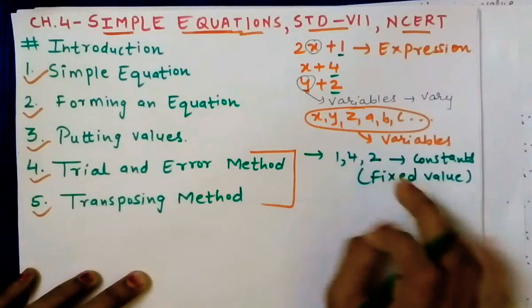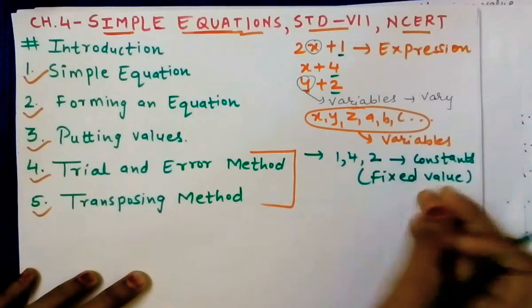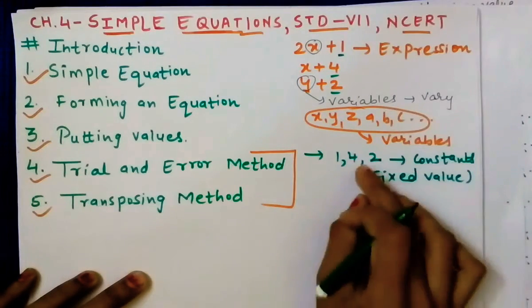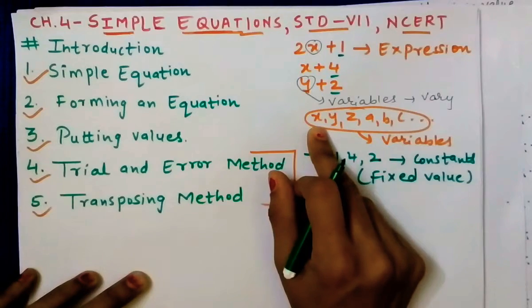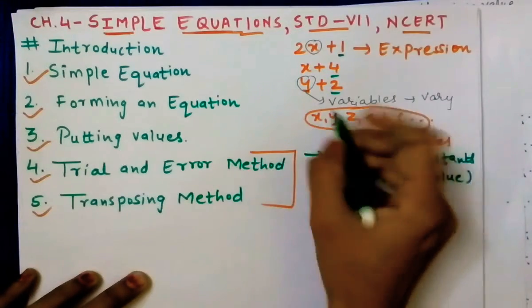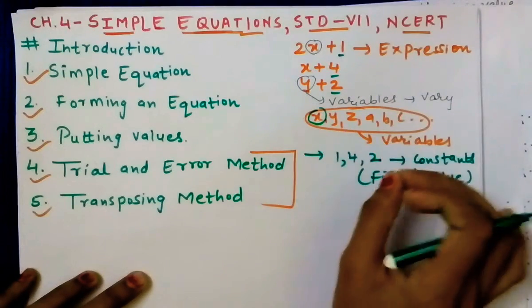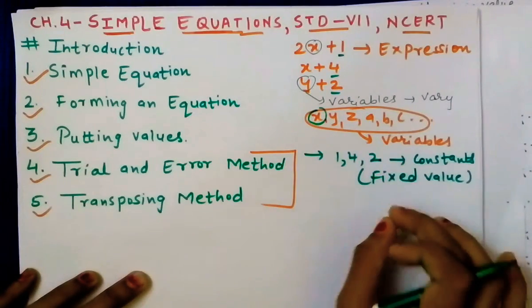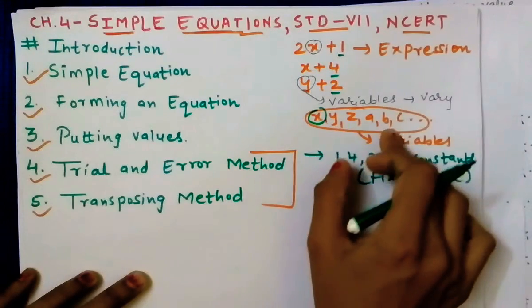If I tell you give me 4 rupees, you can immediately give me 4 rupees because you know how much is 4. But if I tell you give me x rupees or x chocolates, then x means the value we don't know. So these are unknown variables, and these have fixed values, so they are called constants.